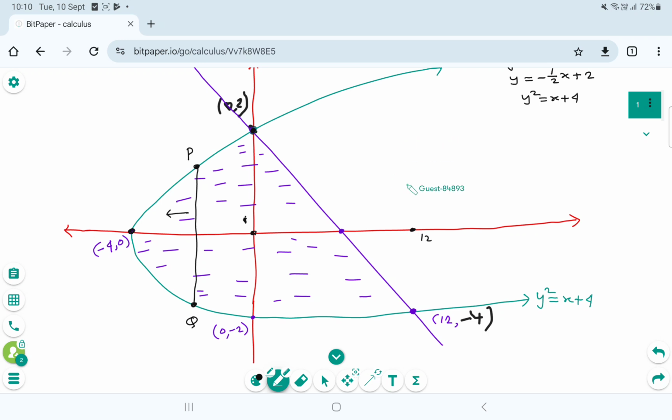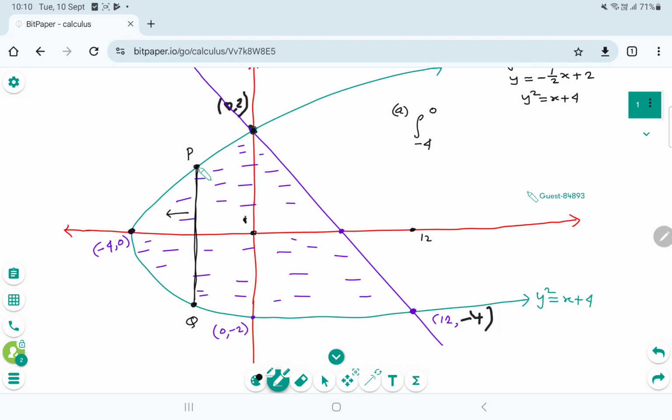Okay, great. So the integration will become, for part A, first you integrate from -4 to 0. And the function, we calculate P of x for this part from -4 to 0.